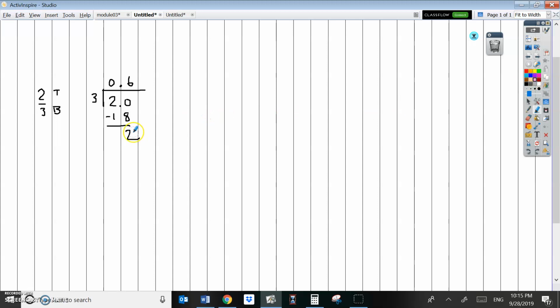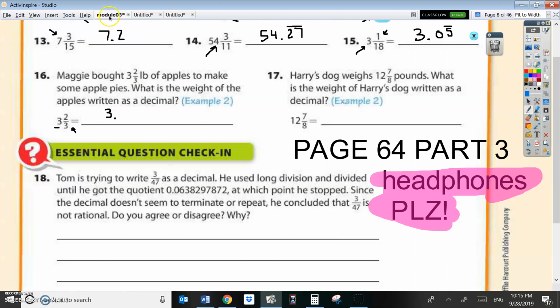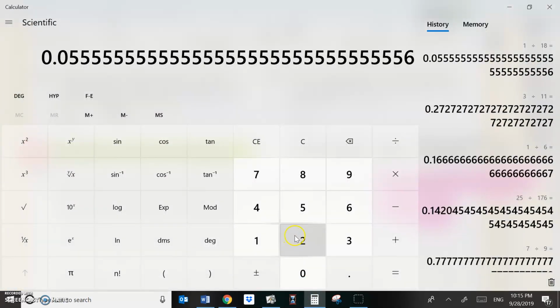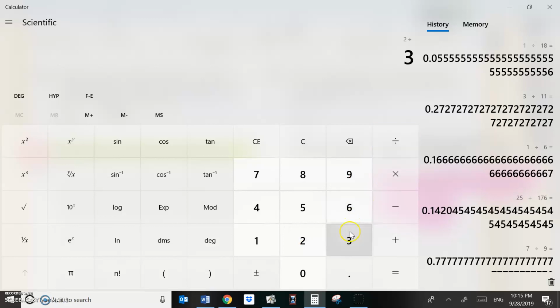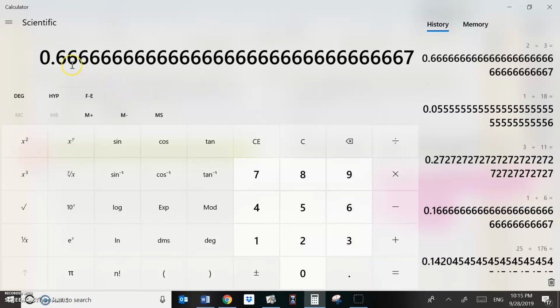Right away you can tell it's going to repeat. Put it like that. 3.6 repeating. 2/3 on the calculator, what does it look like? 2 divided by 3 equals, just the 6 is repeating. Why is there a 7? The calculator ran out of room, so it just rounded it up.